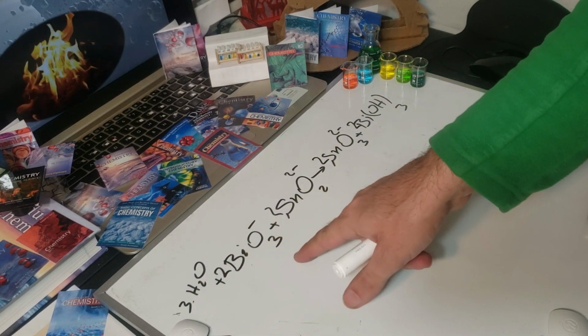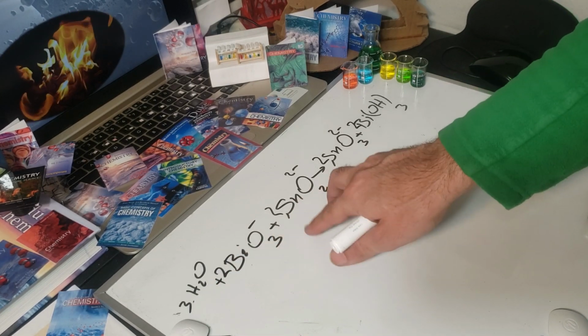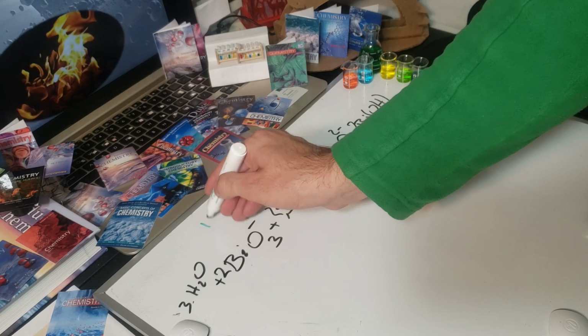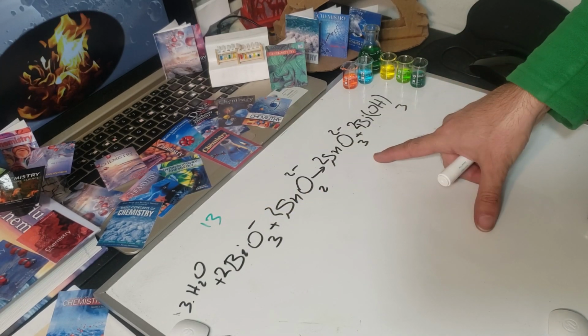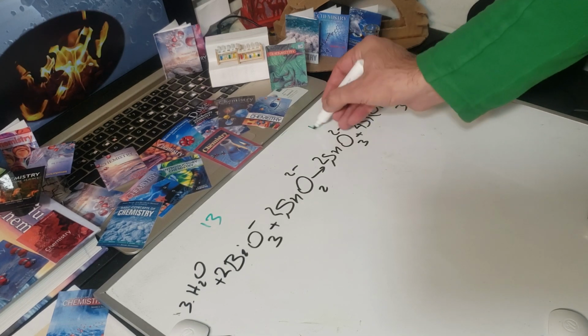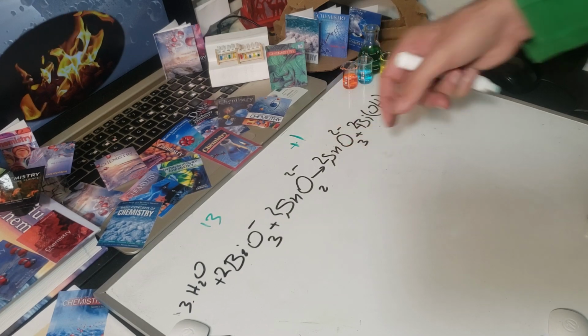So 3 oxygens here, 6 oxygens here, 3 and 6 is 9, and another 4 is 13. Here I have 6 oxygens, another 6, so 12, so I have to add just 1 oxygen to this site.